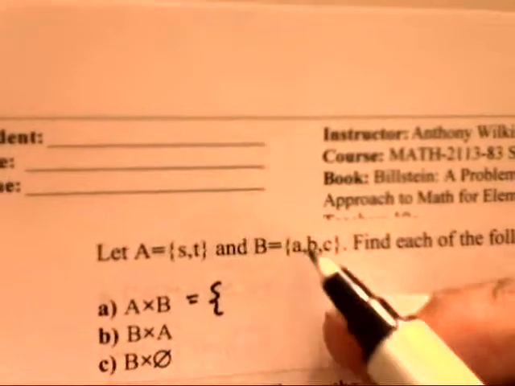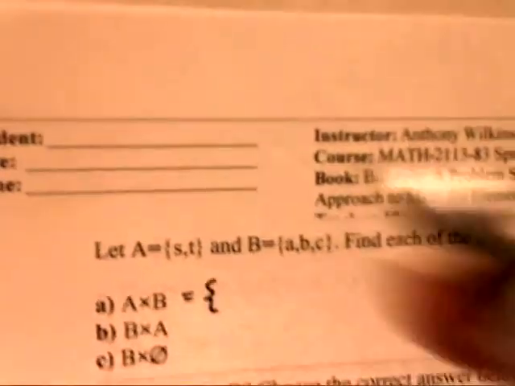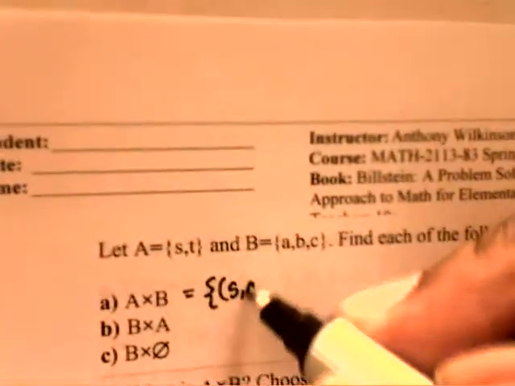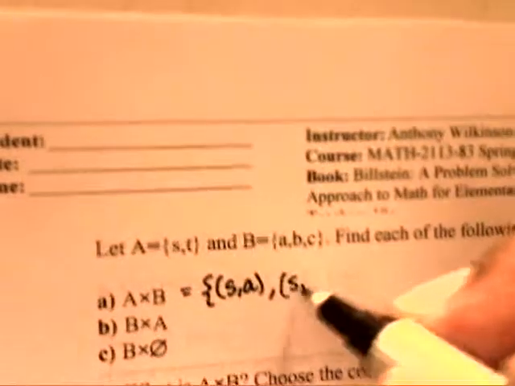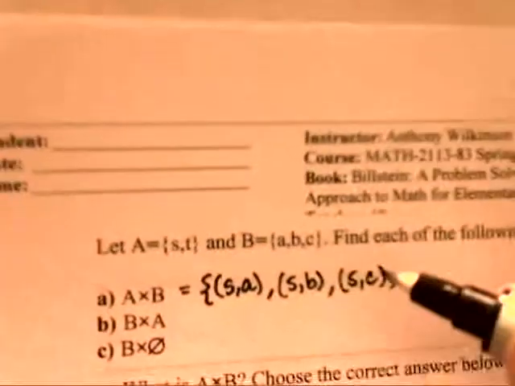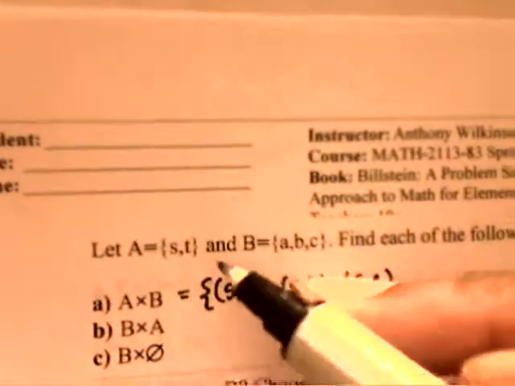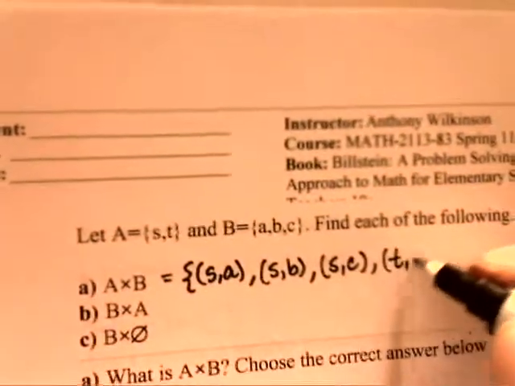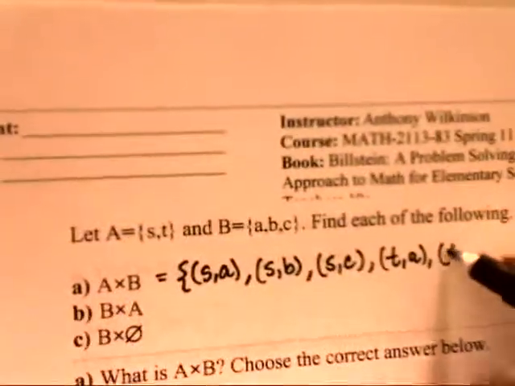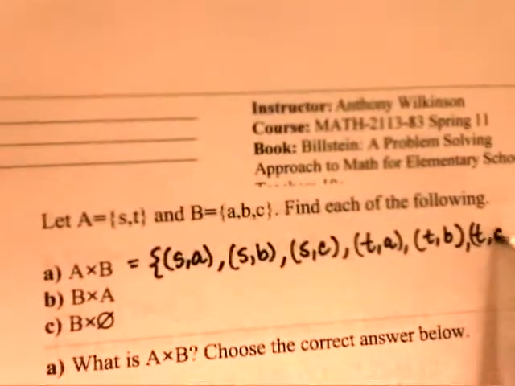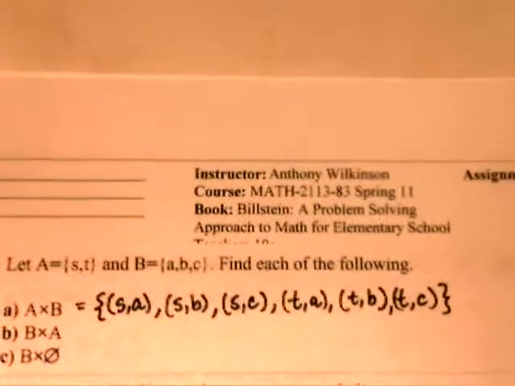Each element in A will be paired with each and every element that's in B. That means the S will be paired with A, S will be paired with B, and S will be paired with C. They'll be written as ordered pairs. And then T will be paired with A, B, and C as ordered pairs. So T will be with A, T will be with B, and T will be with C. Okay, that's what A cross B would look like.